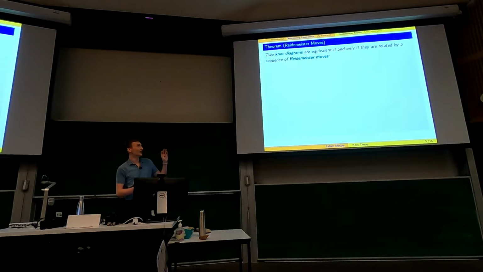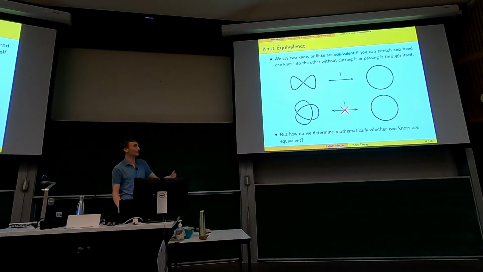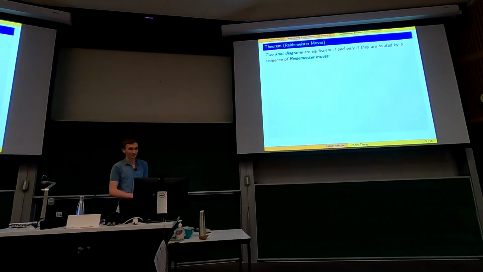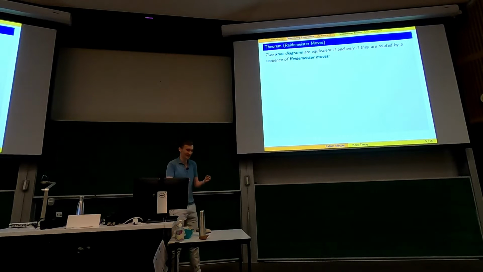To start, I'll say that a knot diagram is what we've been working with. A knot diagram is these pictures of knots. They're two-dimensional objects instead of three-dimensional, but they represent three-dimensional knots. They have crossings in them. And Reidemeister says that two knot diagrams represent equivalent knots, so knots in space that I can twist around to get another knot using only moves that you would do at home with knots, right?